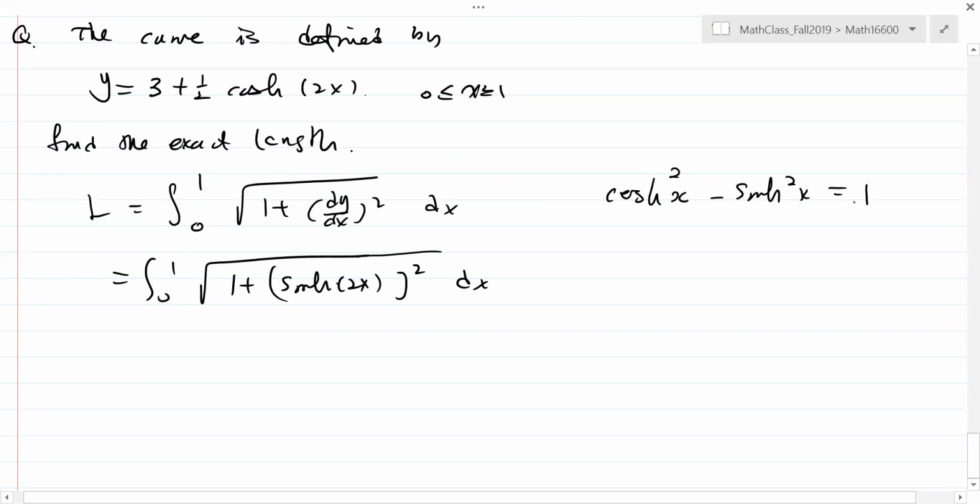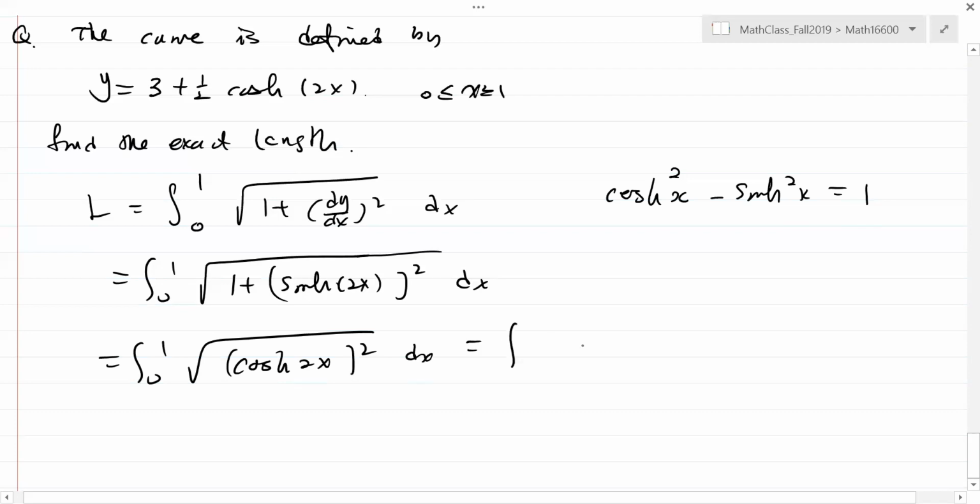Hyperbolic cosine squared minus hyperbolic sine squared is going to be 1. So therefore, 1 plus hyperbolic sine squared 2x is going to be hyperbolic cosine 2x squared, right? Then you can get rid of the radical. It's not too bad, right?